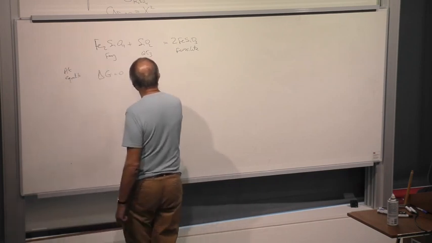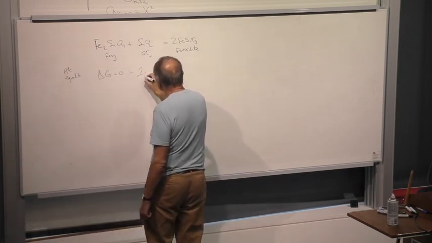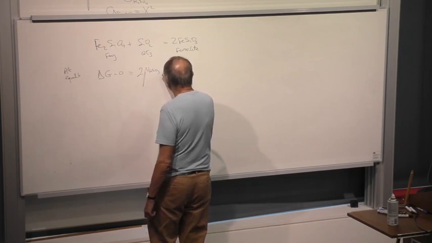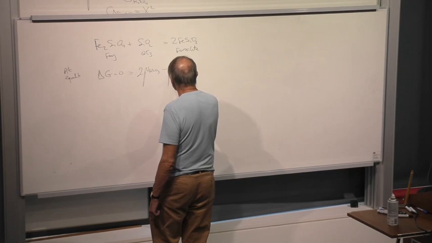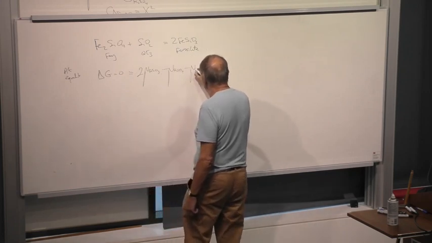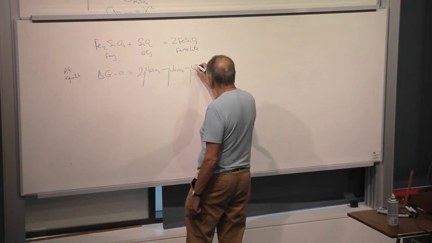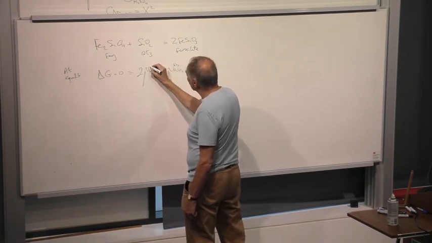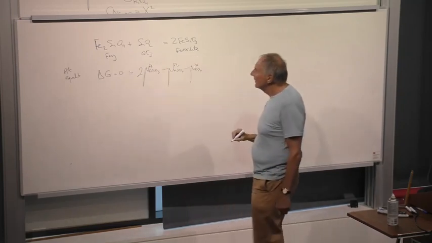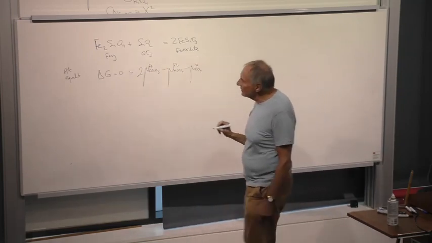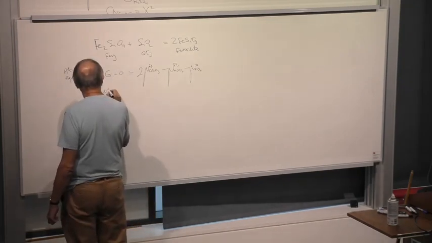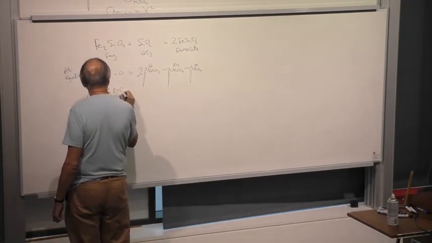And that equals twice the chemical potential of FeSiO3 minus the chemical potential of Fe2SiO4 minus the chemical potential of SiO2. That's quartz, that's fayalite, and that's ferrosilite. So now we make the substitution mu equals mu 0 plus RT ln a.